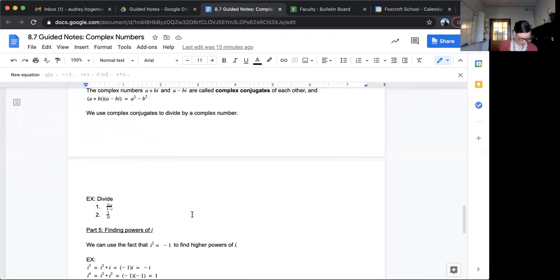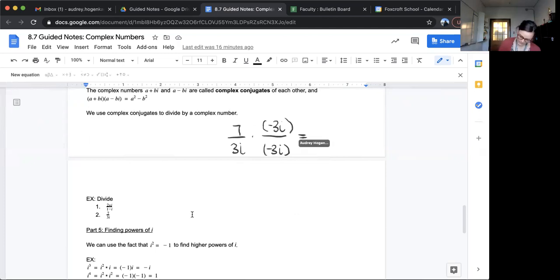Let's do another example. So we have 7 over 3i, and again, we want to multiply by the complex conjugate of our denominator. So we know that our denominator is 3i, so the complex conjugate of 3i is going to be times -3i. Again, the word conjugate just kind of indicates to you, oh, sign flip.